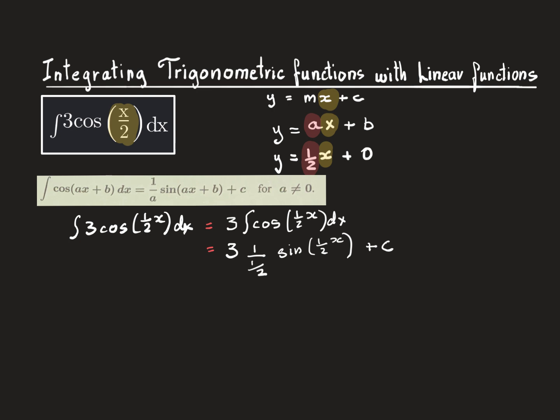And now you can see how awkward that 1 over half is. So we really need to be able to turn it around and say 1 over a half is 2. So that means we're doing 3 multiplied by 2, and sine a half x plus c, which just ends up being 6 sine a half x plus c.